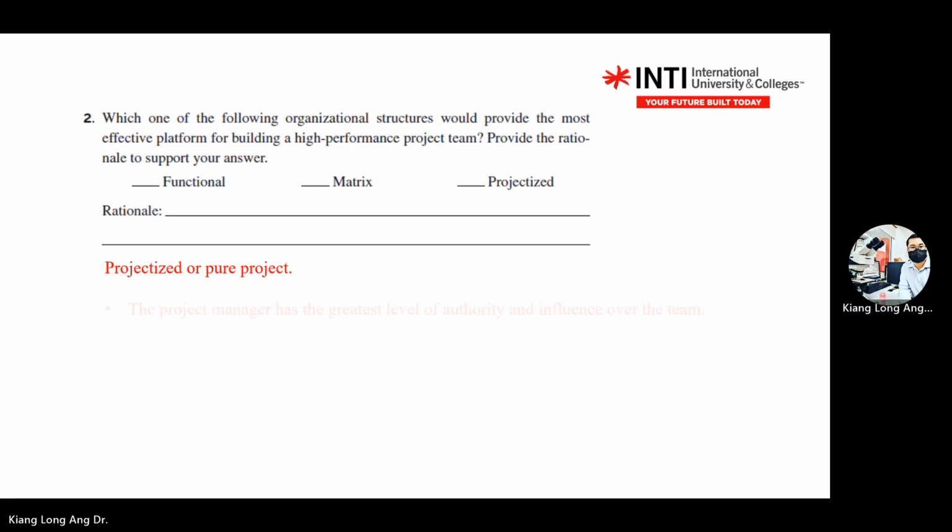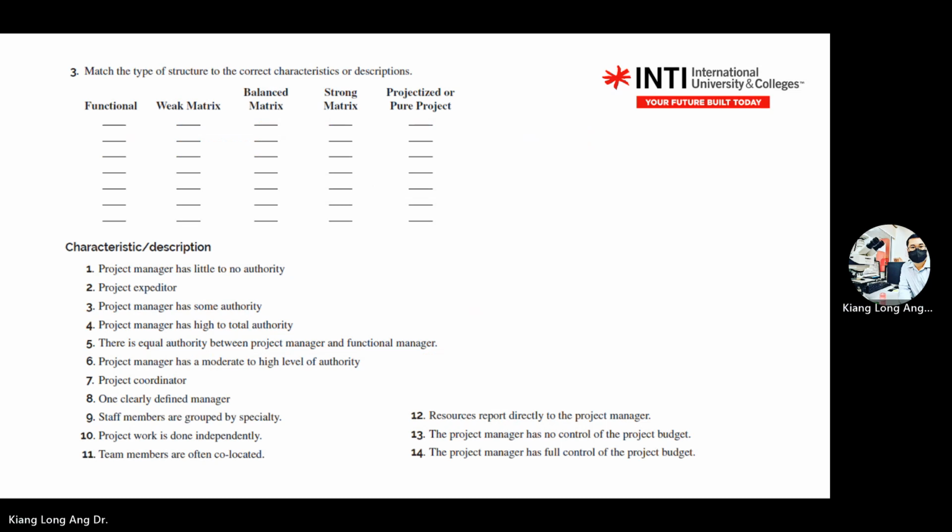Right, number 3. Number 3 here is fill in the blanks. Match the type of structure and the correct characteristic or description. So you are given functional, weak matrix, balance matrix, strong matrix, and pure projects. Here you have characteristics and descriptions 1 to 14, and you try to fill in which one goes with which.